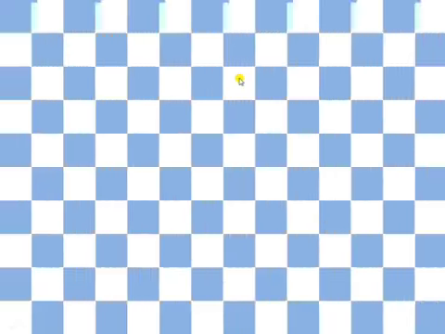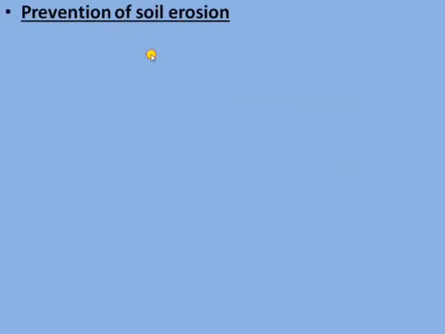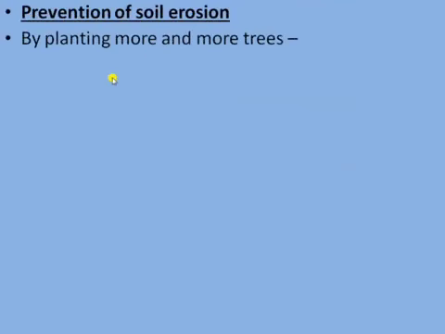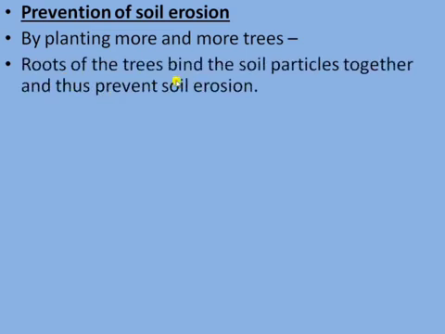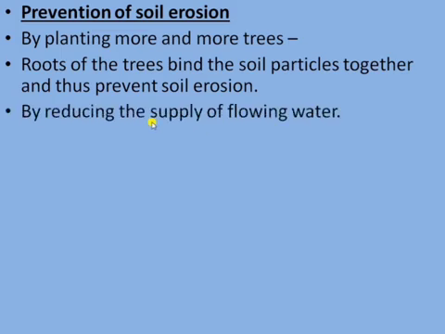Next is prevention of soil erosion. By planting more and more trees, the roots of the trees bind the soil particles together and thus prevent soil erosion. Next is reducing the supply of flowing water, which also prevents soil erosion.